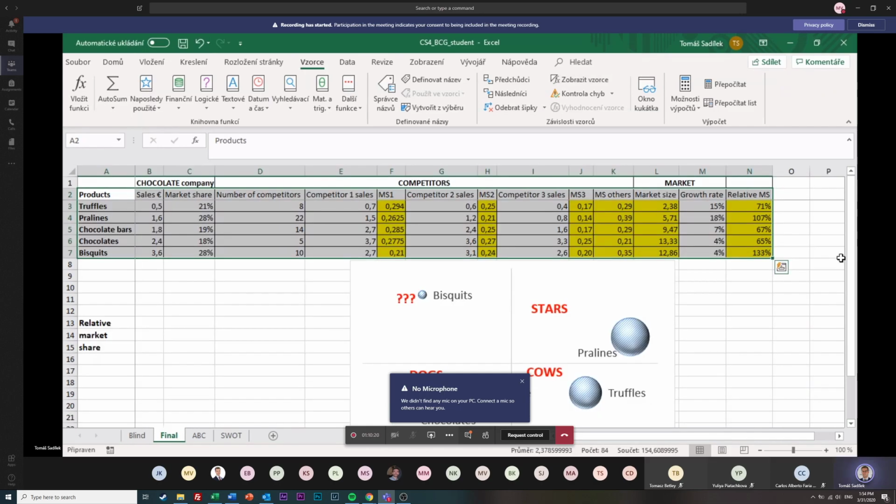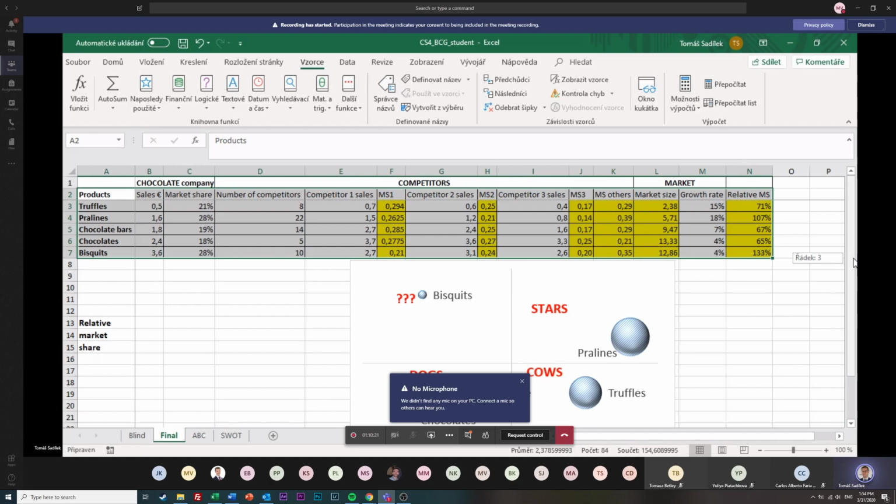And if you do just this, I prepared a chart in advance describing the position of them. What are the variables there? As I told you, on the x-axis there is the market growth rate. So how fast is it growing?